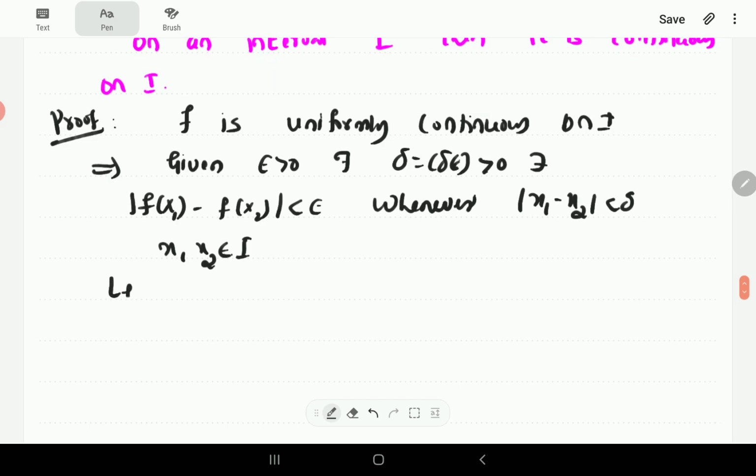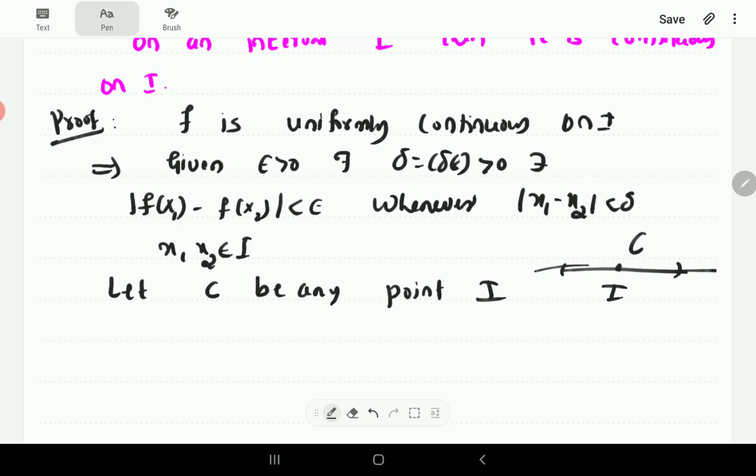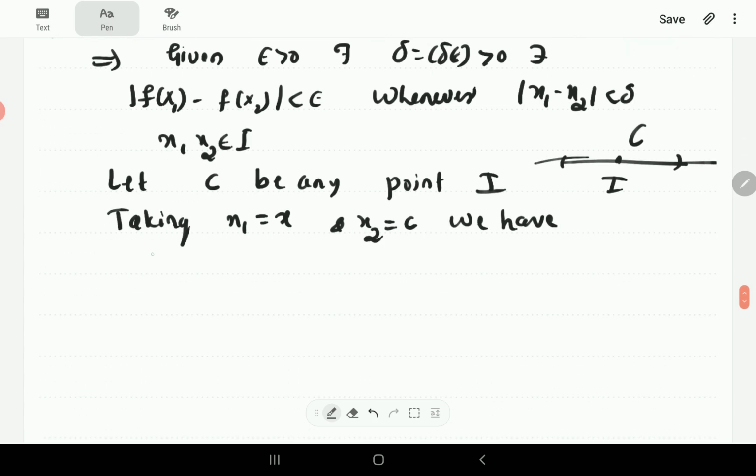Now let c be any point on I. If I take an interval here, say I, let me take a point c, any point on this interval I. Now taking x1 as some x and x2 as my point c, just replacing x1 by x and x2 by c, our definition changes to |f(x) - f(c)| less than epsilon whenever |x - c| is less than delta.